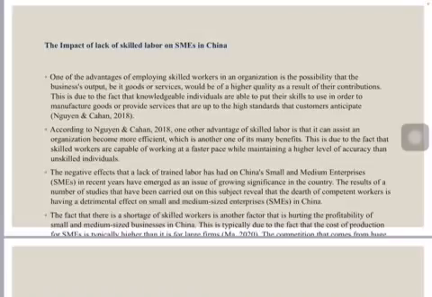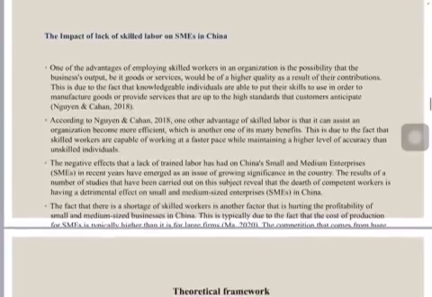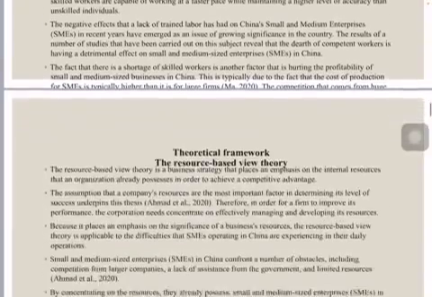The negative effects that a lack of trained labor has had on China's small and medium enterprises in recent years have emerged as an issue of growing significance in the country. The shortage of skilled workers is another fact that is haunting the profitability of SMEs in China.